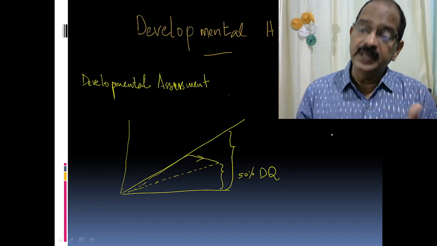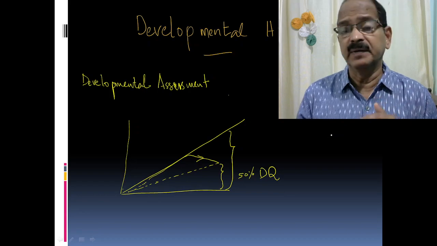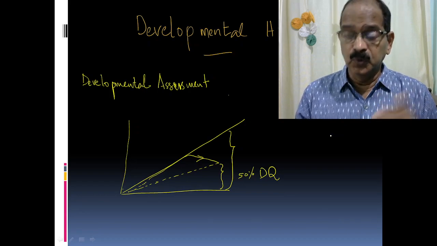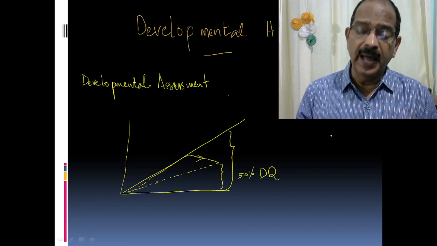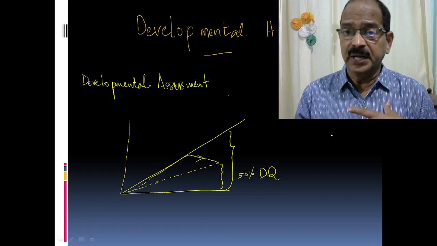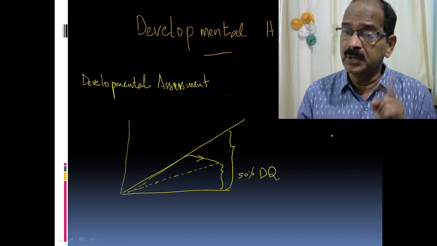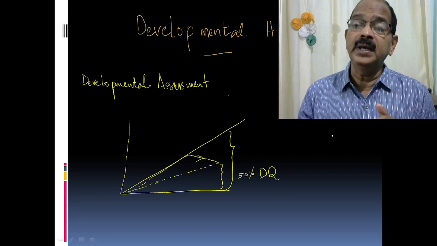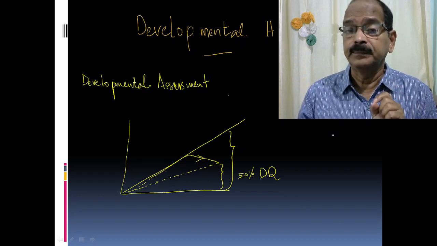We take the development history considering the 4 domains of development: gross motor development, fine motor development, language, and social. You need to take these 4 domains because there can be a developmental delay in a particular domain only.